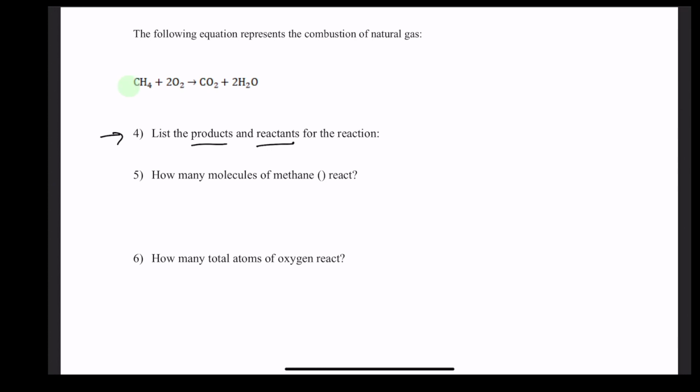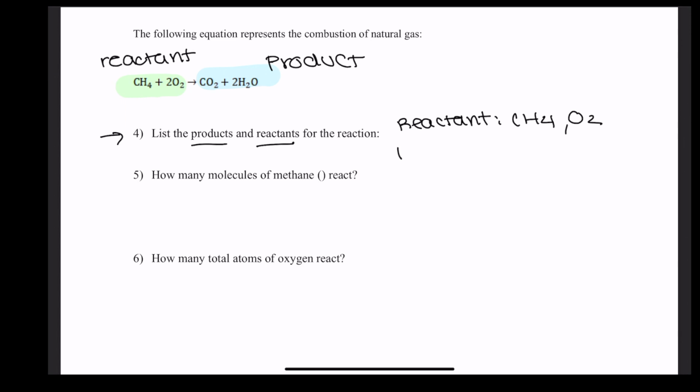We know reactant is here, because we react the molecules, and then the final result is a product. So your answer here, reactant, is CH4 and O2, product, CO2 and H2O.